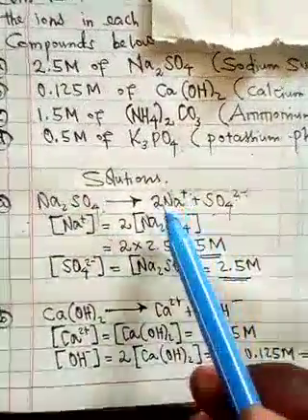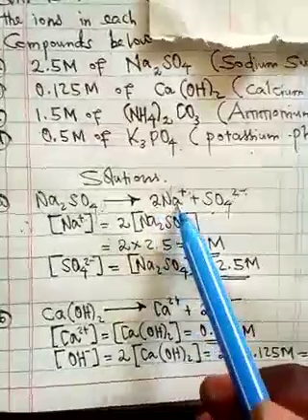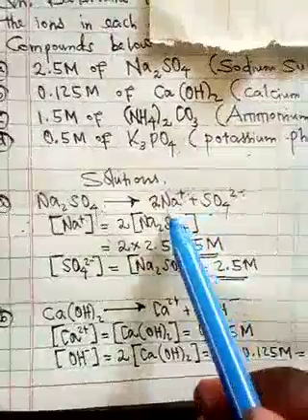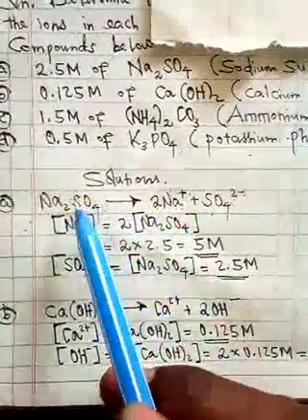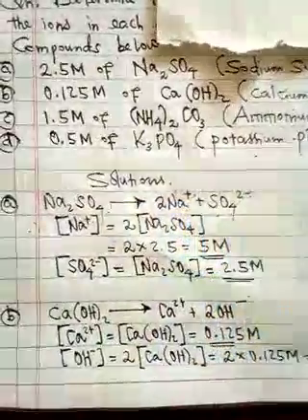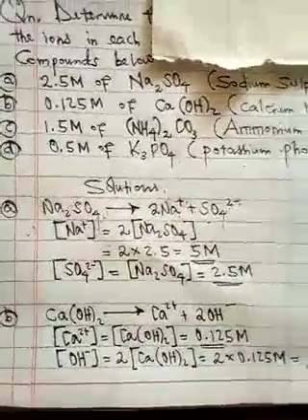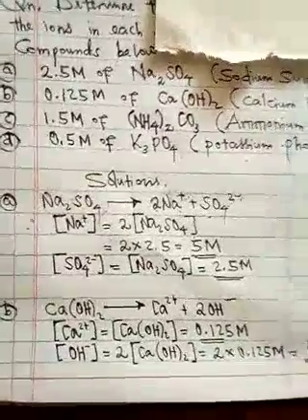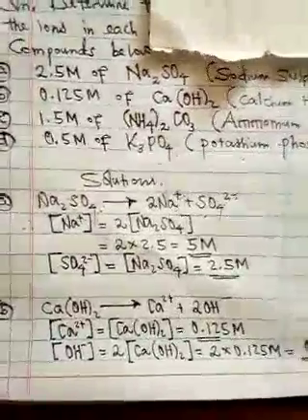One more time. The 2 here on the sodium ions implies that the molarity of the sodium ion is 2 times the molarity of the sodium sulfate. So it's now more like extending to molarity ratios, provided that the volume here is maybe say 1 decimeter cubed.